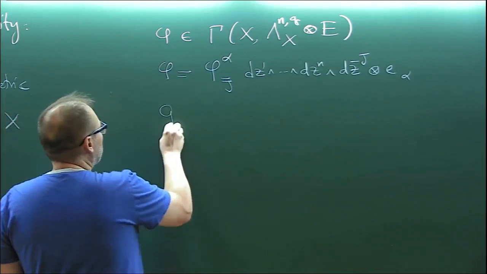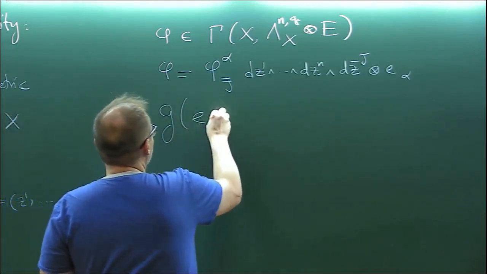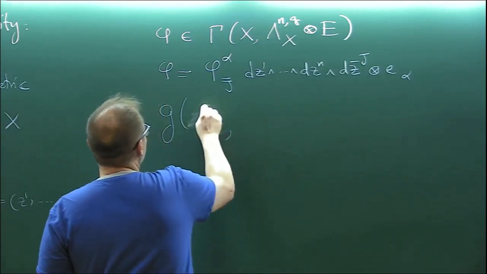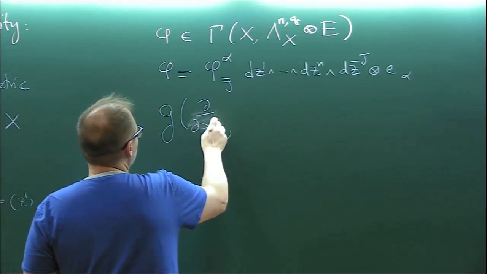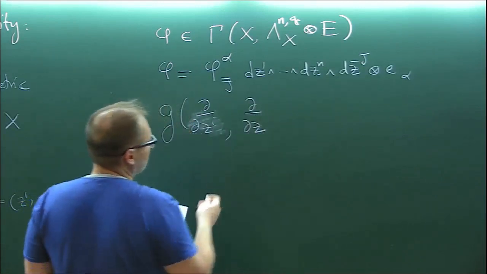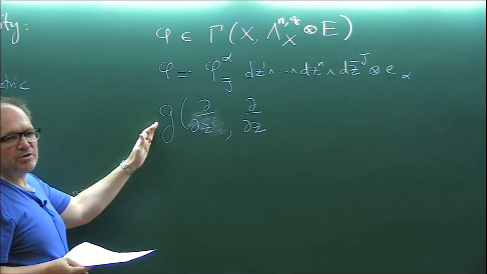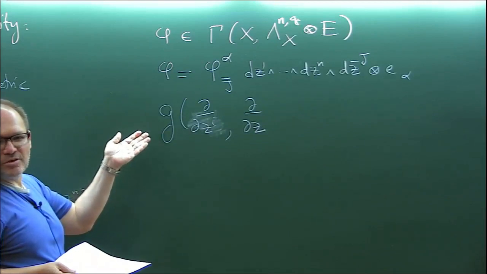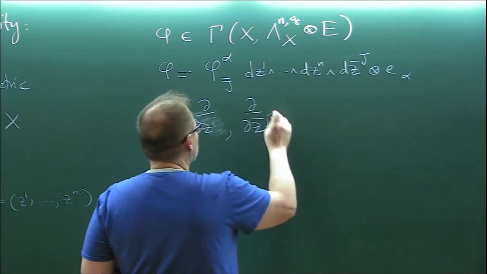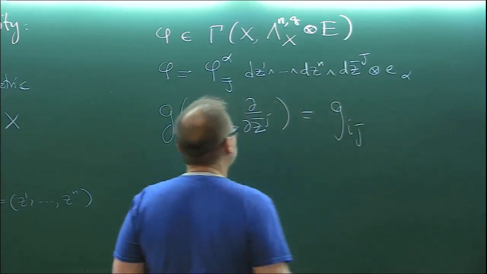So the metric g, you can apply it to d by dzi, d by dz j. Now it sort of depends. Are you seeing this as a Riemannian metric or a Hermitian metric? I'm going to always see it as a Hermitian metric. So there will be dz bar j, and I'll call this g i j bar.